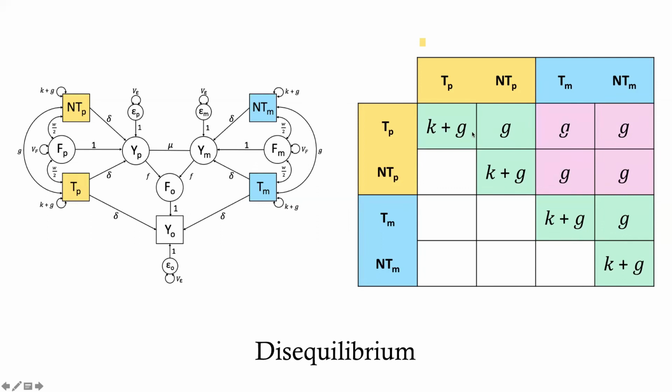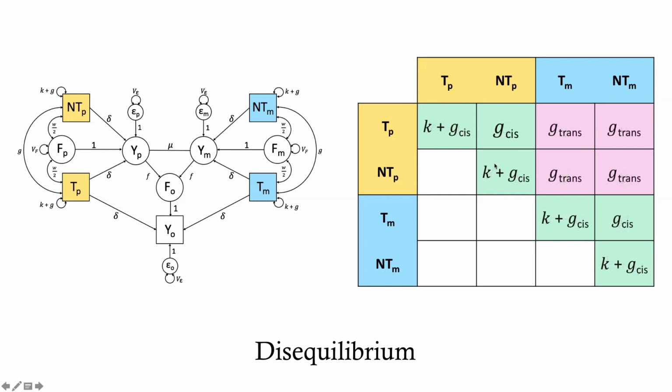Fortunately, accounting for having 2 different values of G is pretty straightforward. We just have to use 2 different Gs. So we have a G for between spouse covariances called G trans, and one for within spouse covariances called G cis, or GT and GC for short. So I know that this part can get a little confusing and tricky to remember.